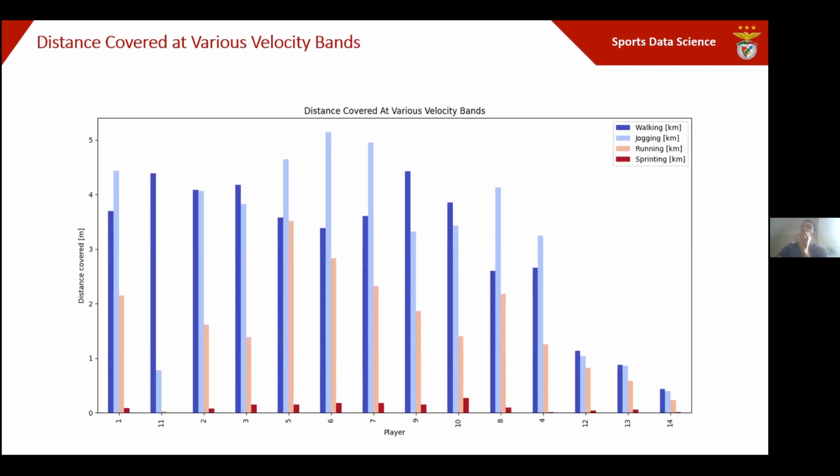And so these two players should actually have individualized speed thresholds, because a center back that's running at 5 meters per second is definitely doing much more, it's giving much more internal load to that player than, let's say, a winger traveling at 5 meters per second, simply because of the demands of that position and also the type of body type required to be able to play that kind of position.